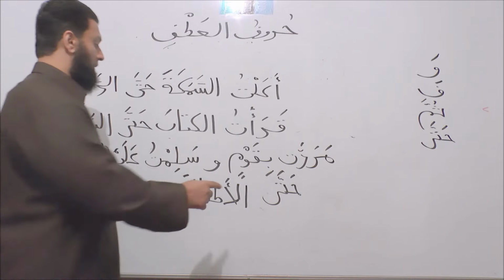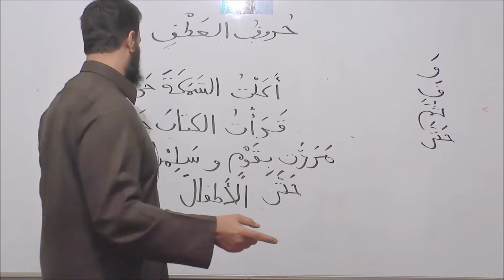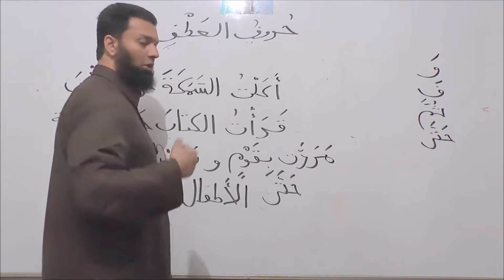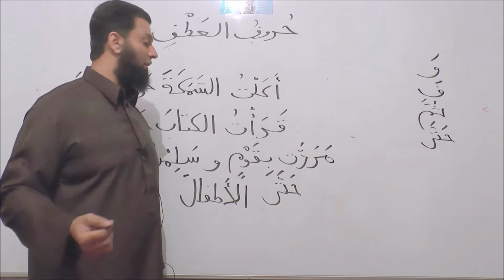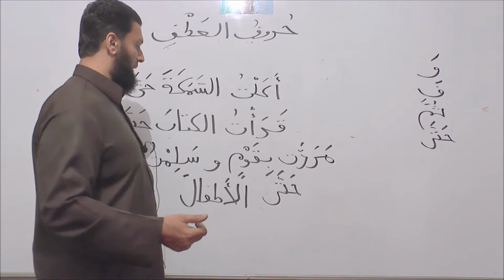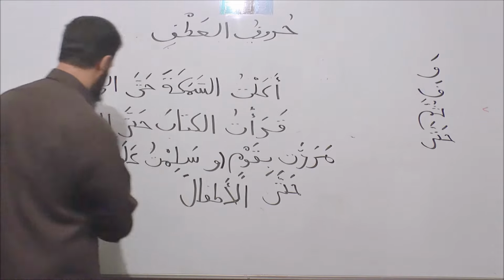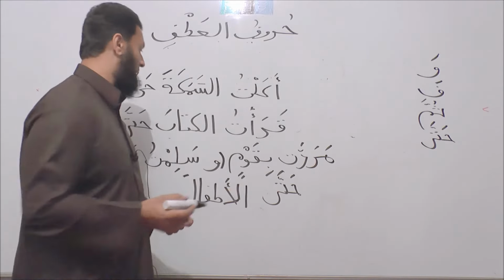Yes, but it can't be connected to qawmin, can it? Because if you're going to say it's connected to qawmin, then what you're saying is marartu bi qawmin, I passed by a group of people, right? And you would have to ignore all of this. Well, let's do that.